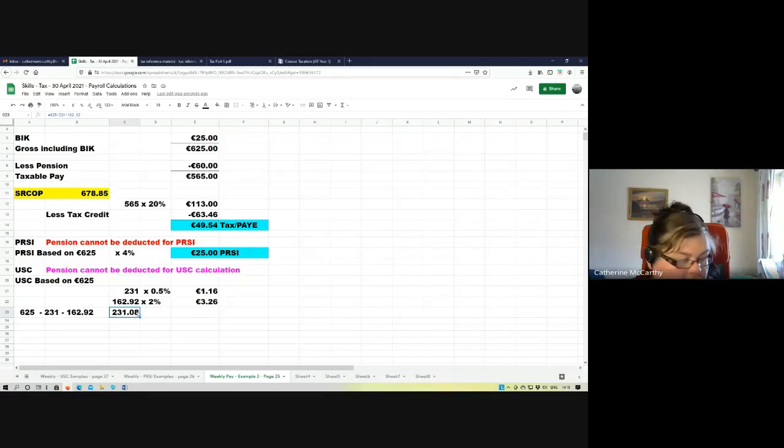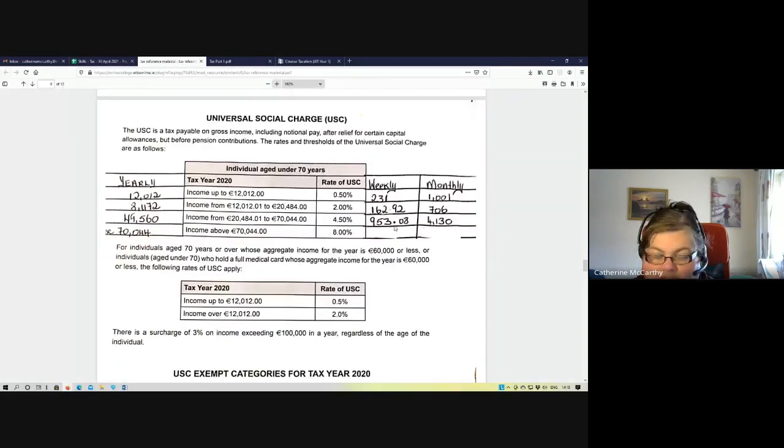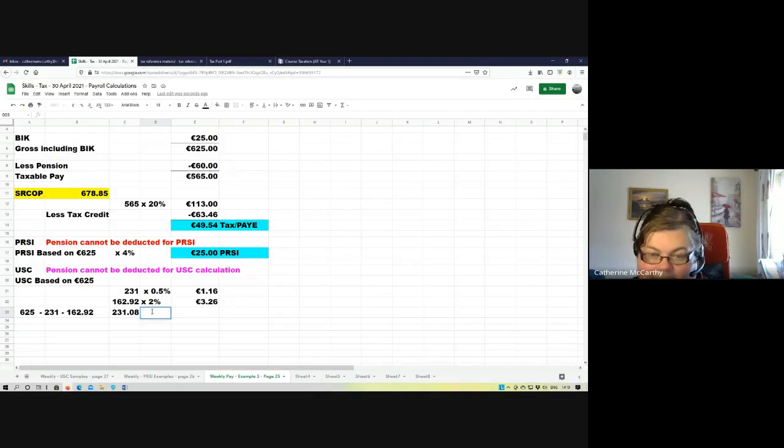So we're going to USC them on 231.08. Just check our bands: up to 953.08 we can get at the 4.5% rate. So we multiply that by 4.5%, and that is €10.40 for our third band there.